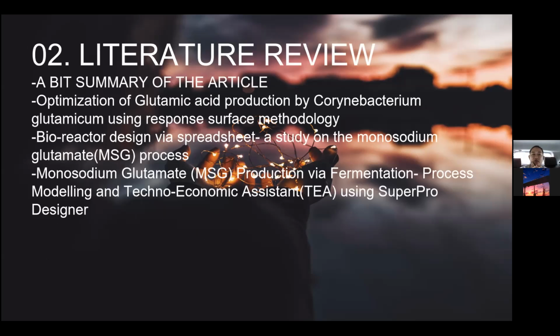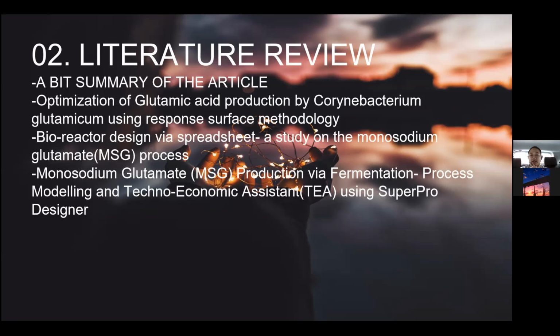There are 3 articles that have been chosen: optimization of glutamic acid production by Corynebacterium glutamicum using response surface methodology; the bioreactor design via spreadsheet, a study on the monosodium glutamate MSG process; and the monosodium glutamate MSG production via fermentation process, modeling and techno-economic assessment TEA using SuperPro Designer.